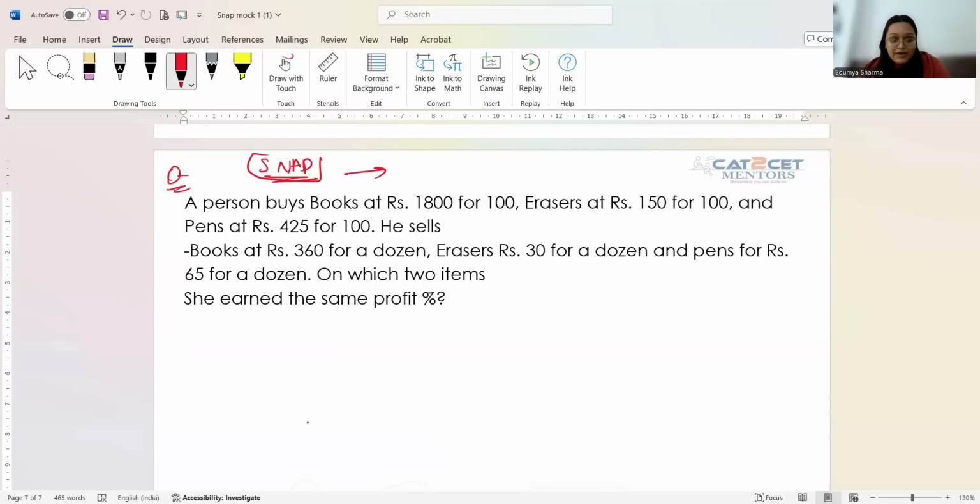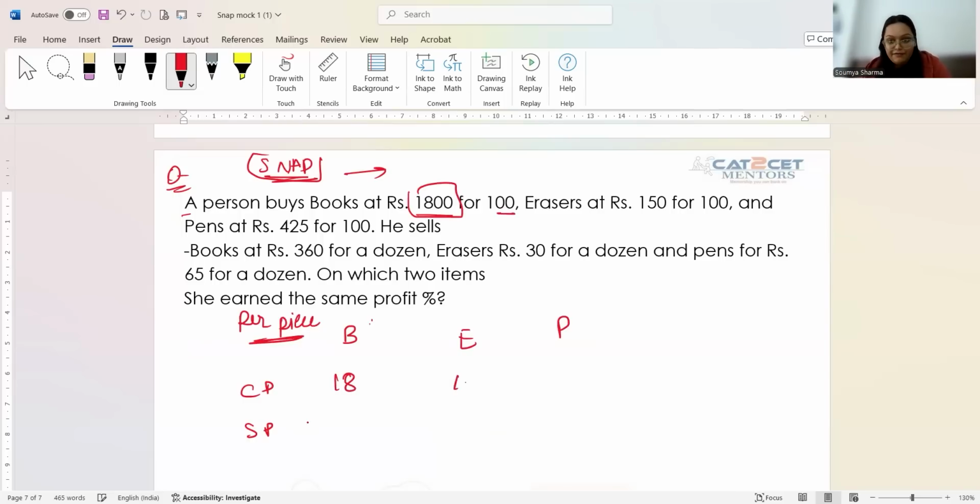So in this question, you need to understand that a person buys a book as this. So there are books, erasers, and pens. So can I write cost price and selling price? So he bought books of this, like I'm talking about per piece here. I'm only concerned per piece. Okay, so 1800 for 100. So cost price will be 18 per piece.